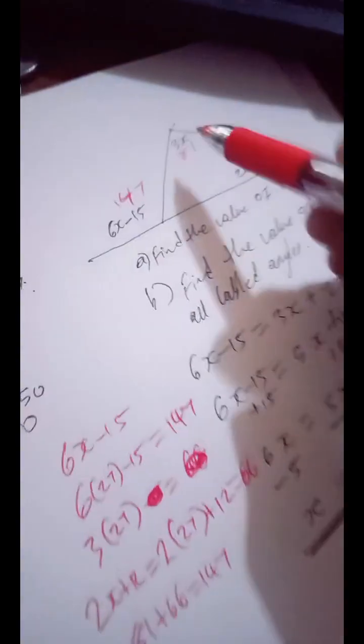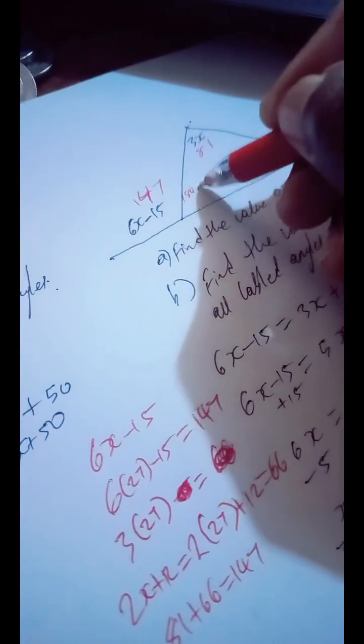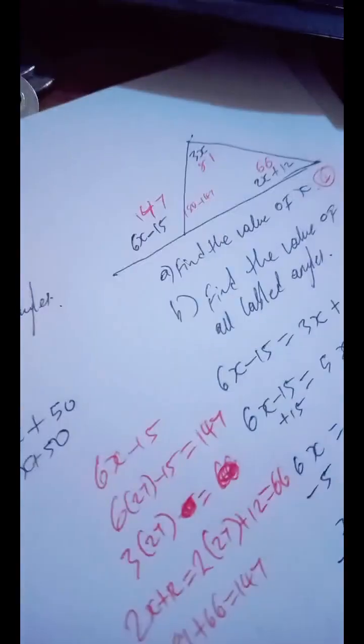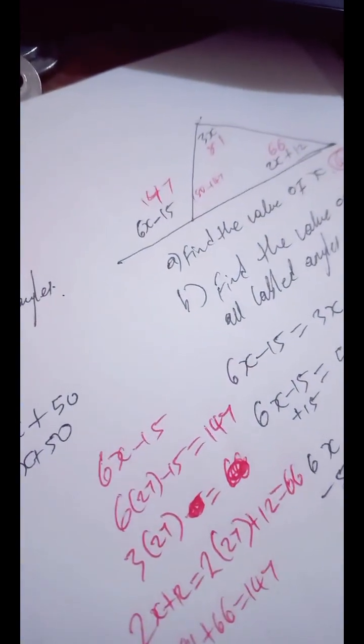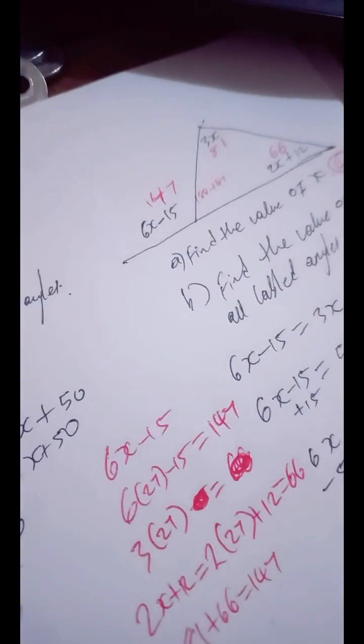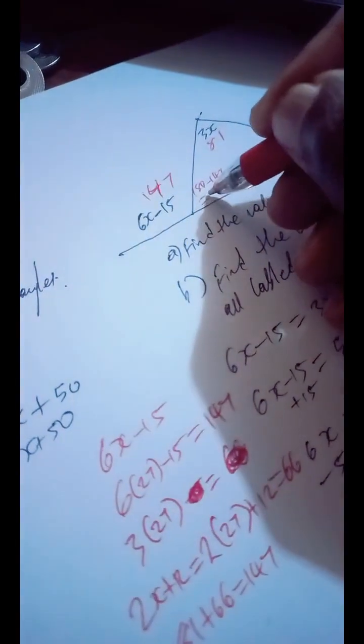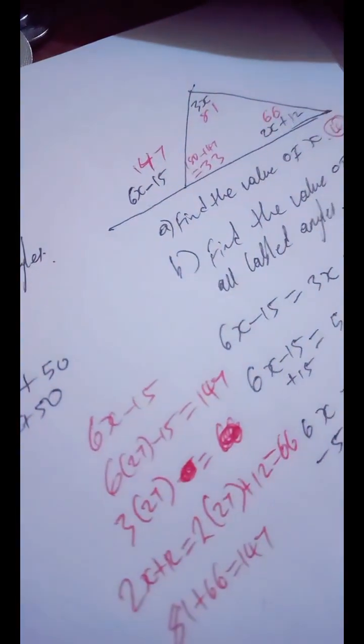Then you looked for this angle, whereby you said 180 minus 147, which gives you around 33, and the reason is angles on a straight line, which is very, very correct.